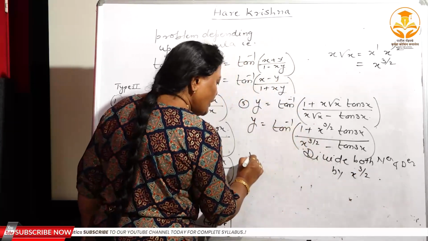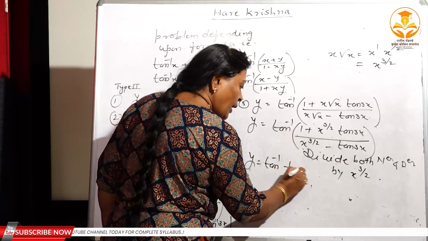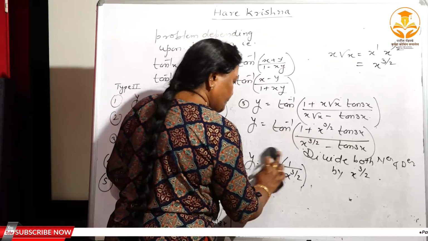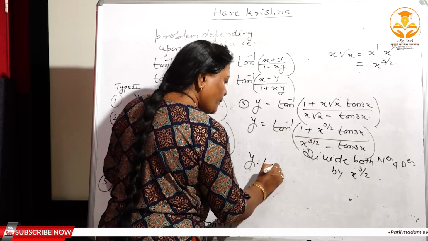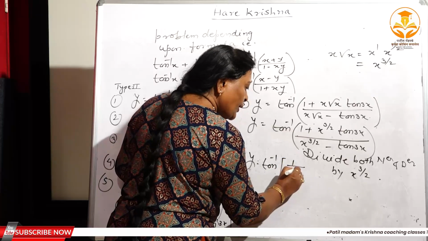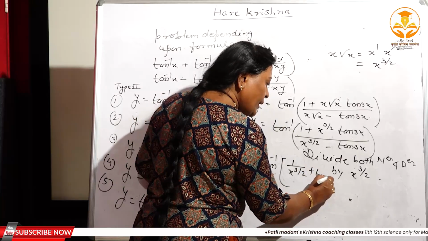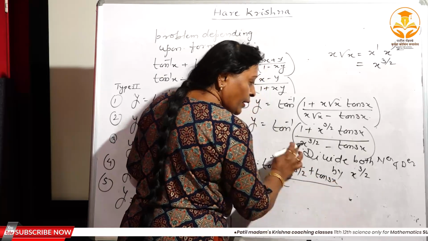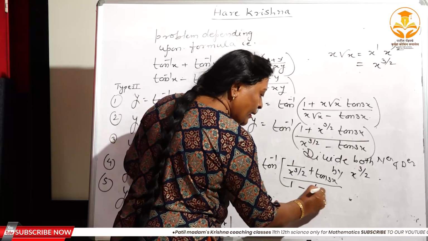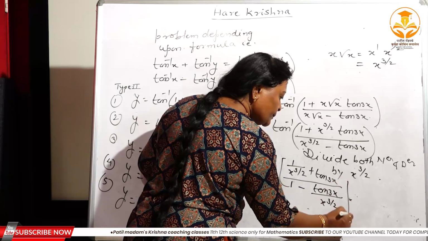Now when you divide with x to the power 3 by 2, here you have got 1 upon x to the power 3 by 2, and here x to the power 3 by 2 gets cancelled, you have got tan 3x. Here again x to the power 3 by 2 gets cancelled, here 1. And here again tan 3x divided by x to the power 3 by 2.